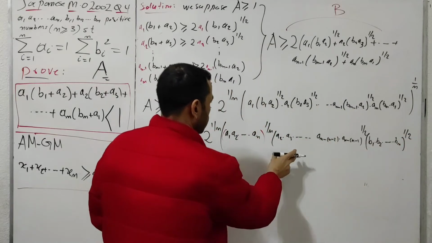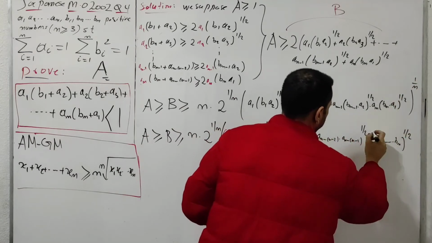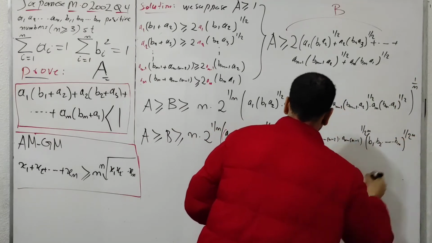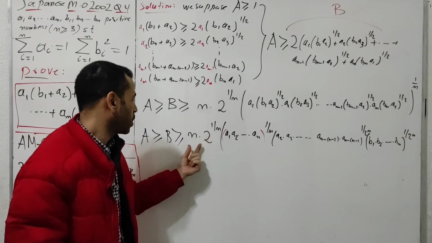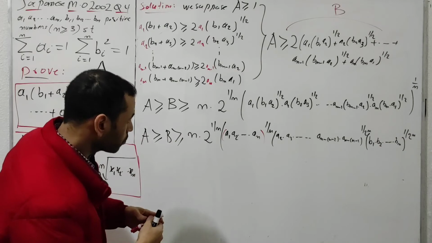Then it is raised to the 2 over n as a power. We'll put n here, multiplied by 2 to the 1 over n, with n as a common factor.